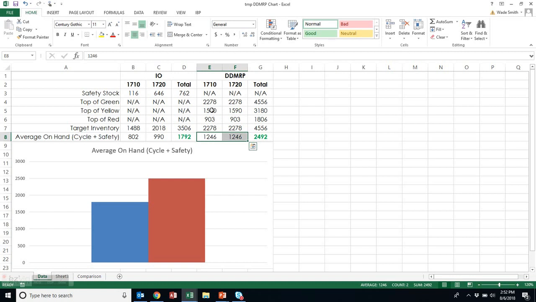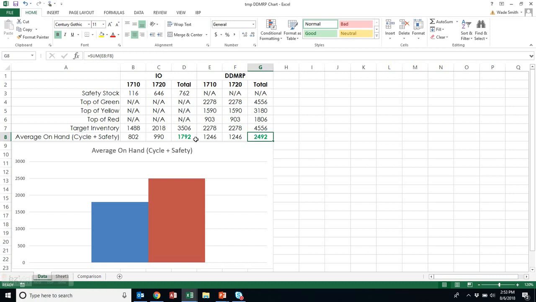This is one reason why I put the disclaimer at the beginning, and I'll state it again. You have to put real data in this thing to really understand why one would be higher than the other. They're not exactly like for like, even though average on hand is a shared key figure between both of them. There are some subtle differences between the two. And there are a lot of reasons why this difference could occur.